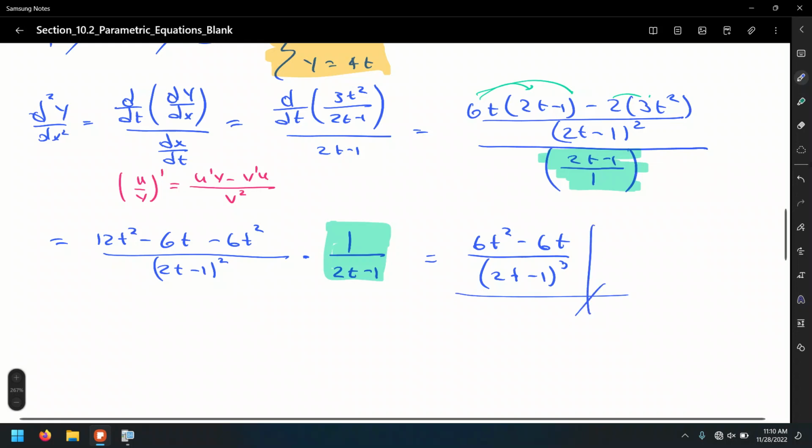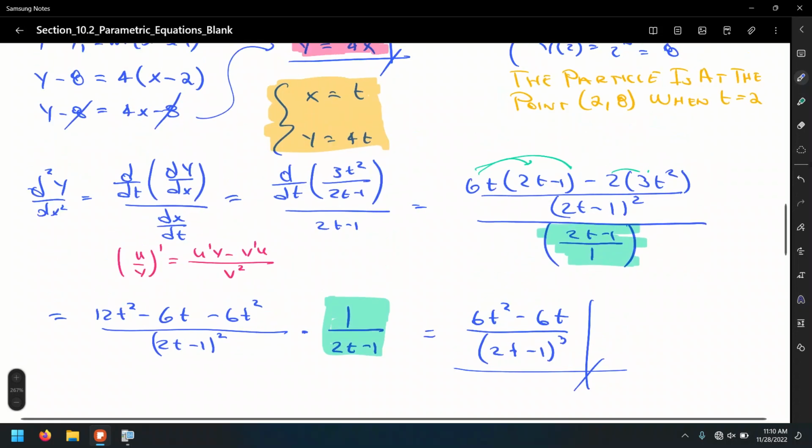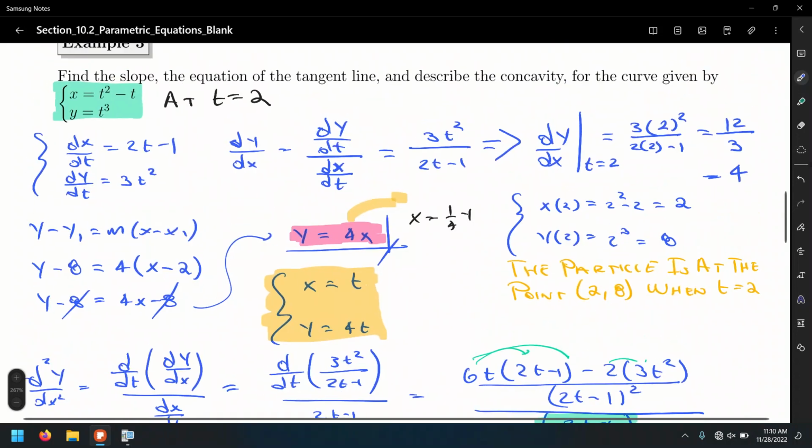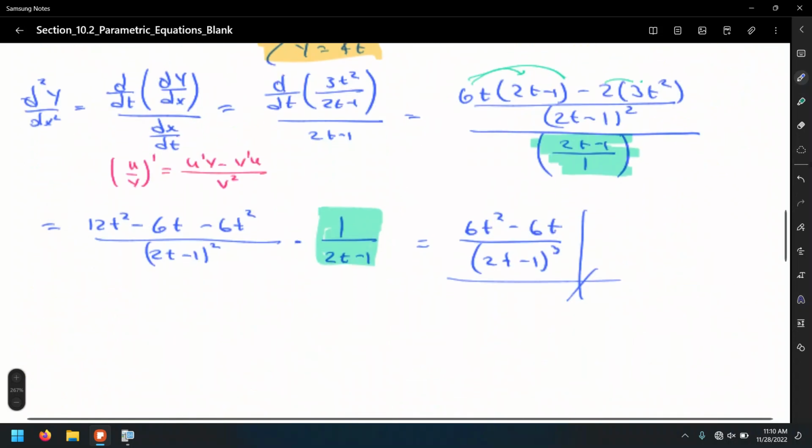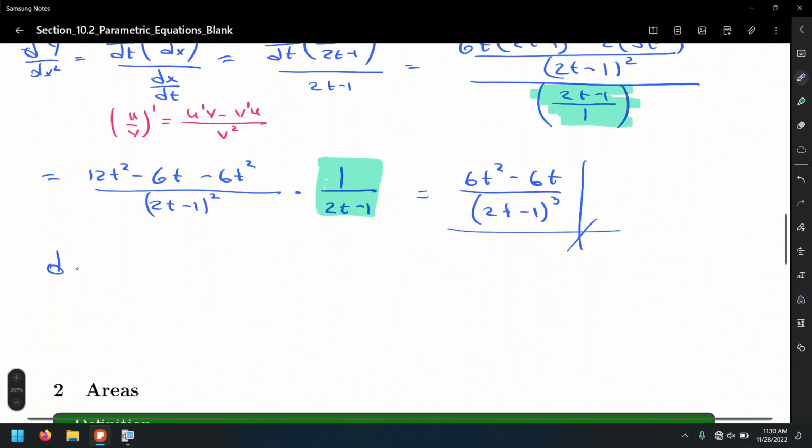Okay? So we're going to use this second derivative to determine the concavity of the function at the point where t equals 2. So this is what we do. We will simply evaluate that second derivative when t equals 2.